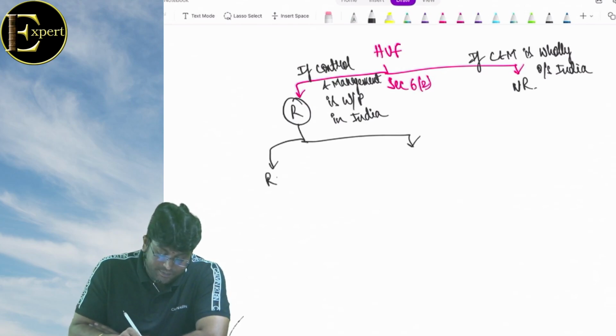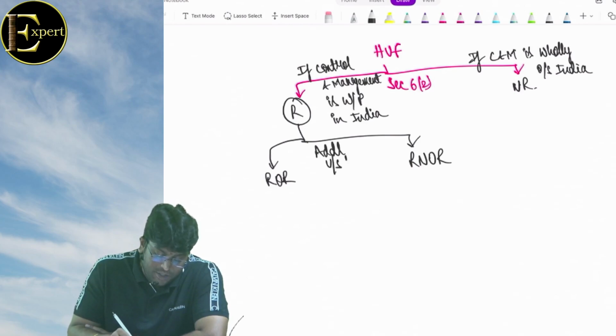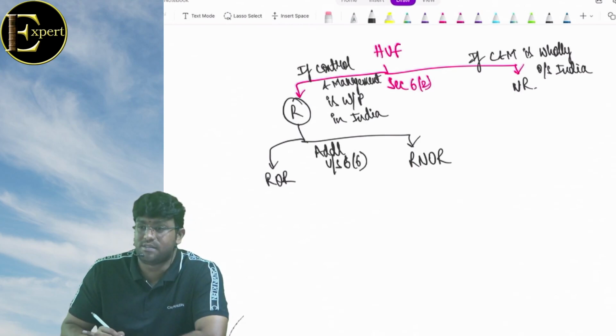Once resident, we'll classify into ROR and RNOR by looking at additional conditions given under section 6(6).